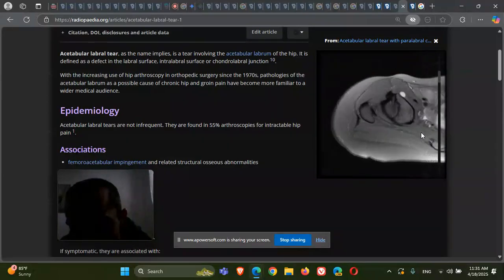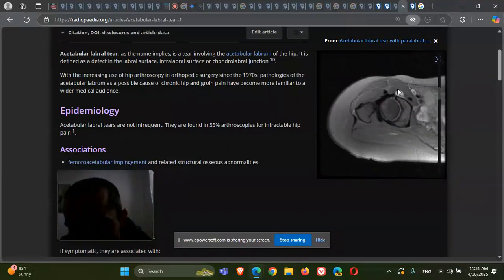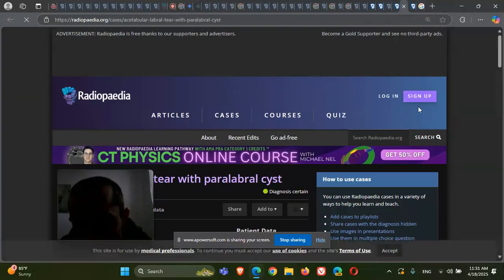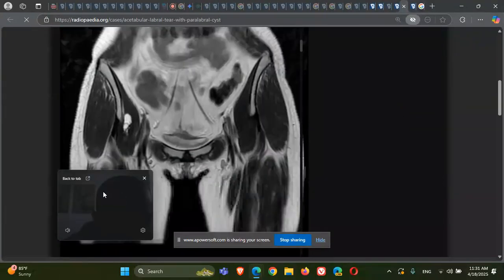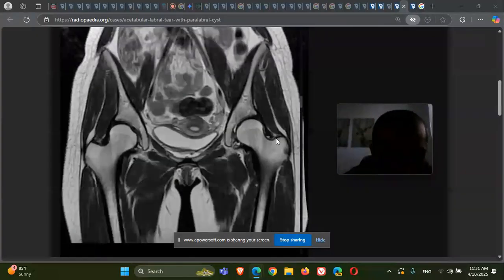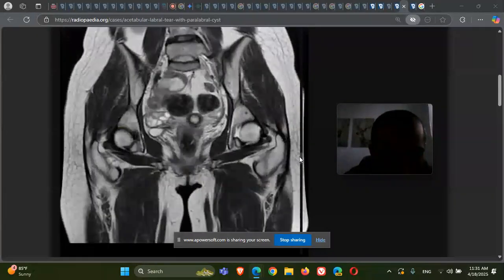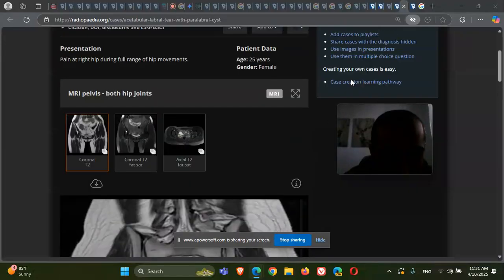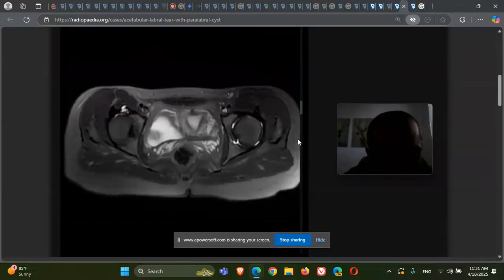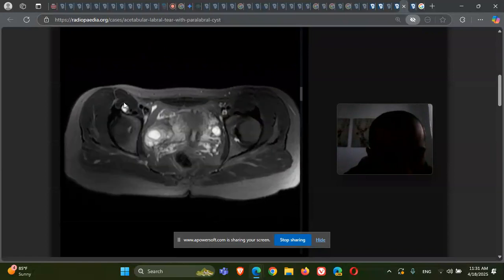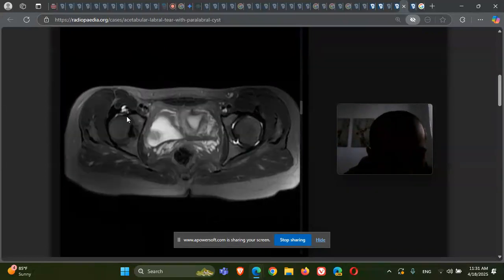Sometimes there are cysts, paralabral cysts, as you can see right over here, that develop. Here you can see the cyst.